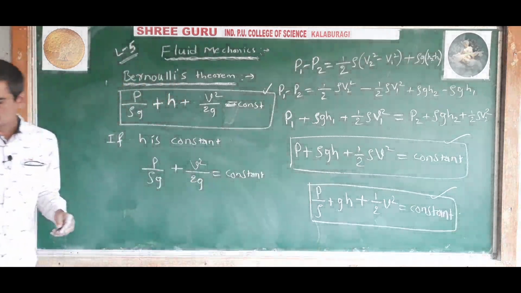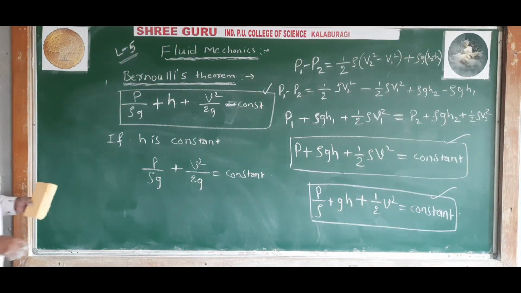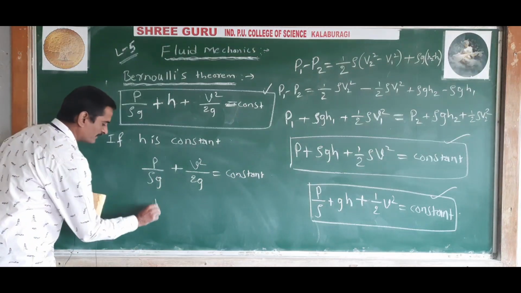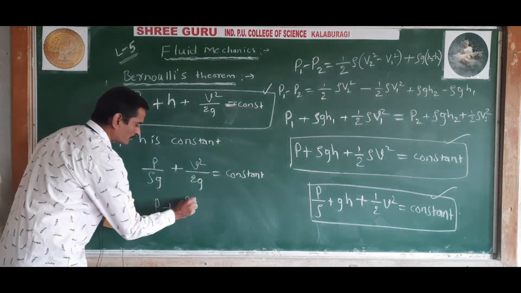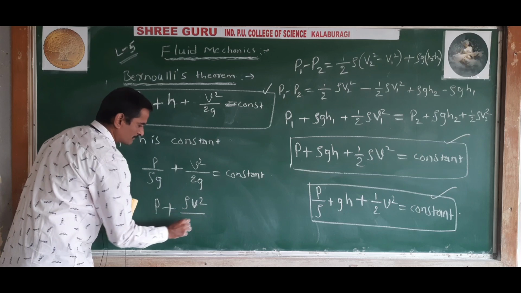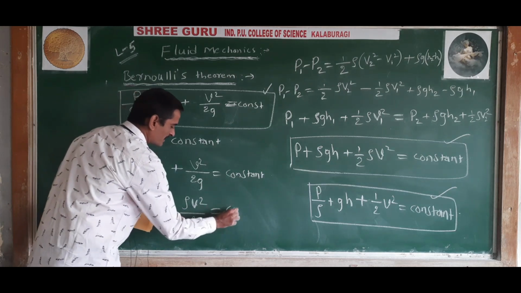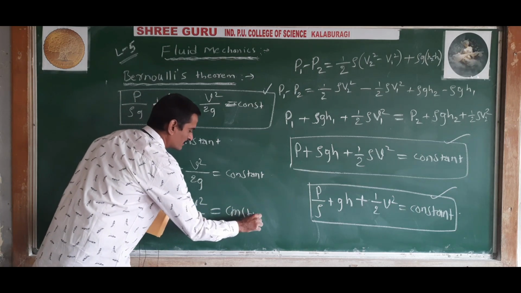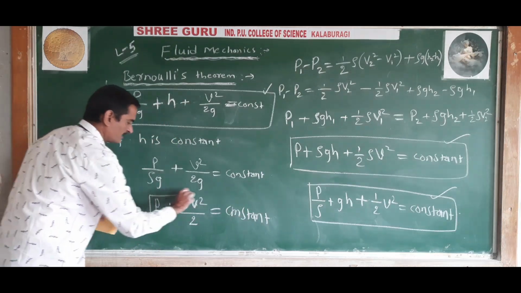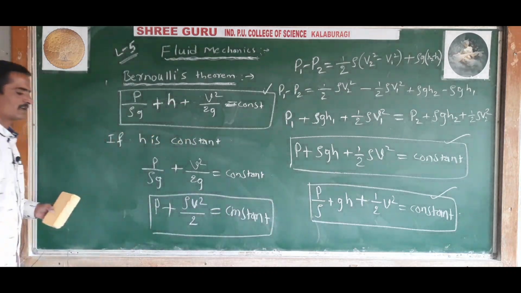Multiply by rho g, it is P plus rho V square divided by 2 will remain a constant. You can write like this also.